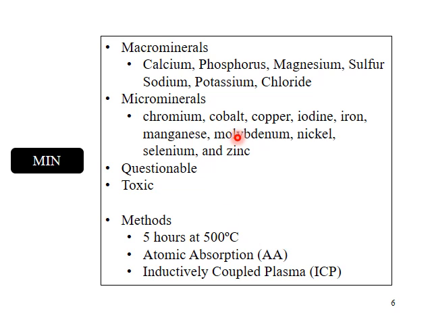Minerals, pretty straightforward. We got our macro minerals, our micro minerals. We can measure the questionable, but we're never going to balance for them. We've got more than enough to satisfy any potential requirement, and the ones we have to worry about, usually any mineral in excess can become toxic.